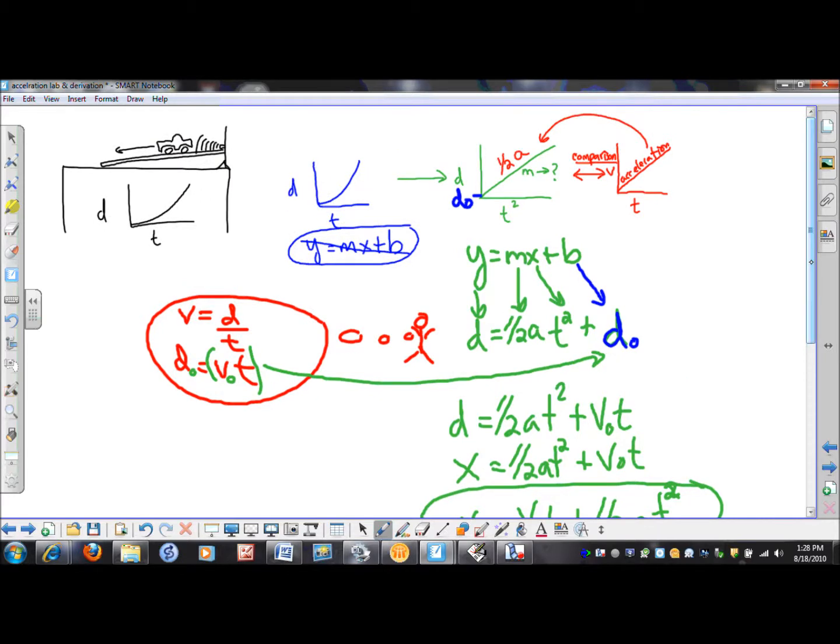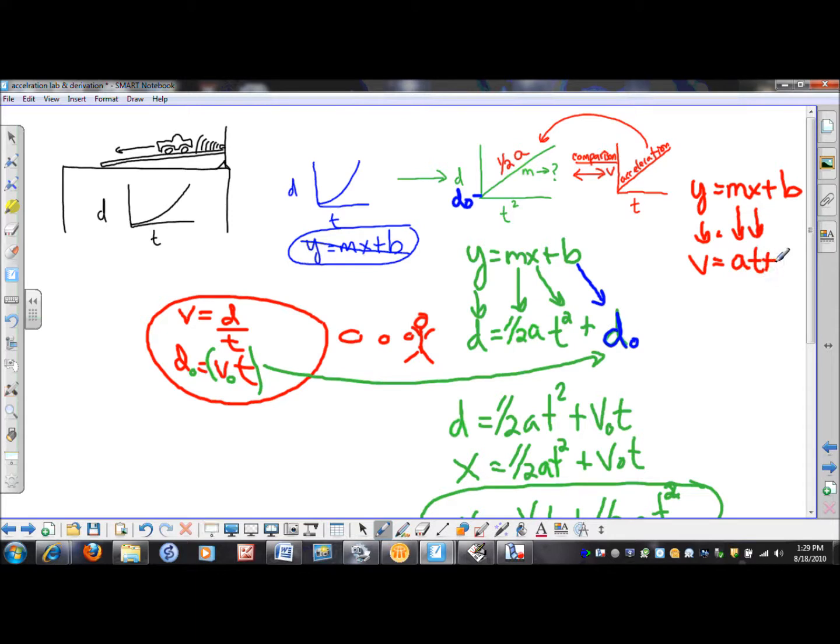Now let's go over here and derive this one. Can we use y equals mx plus b here? Yeah, it's straight. Totally can. On the y is v. The slope represents a. x is t.